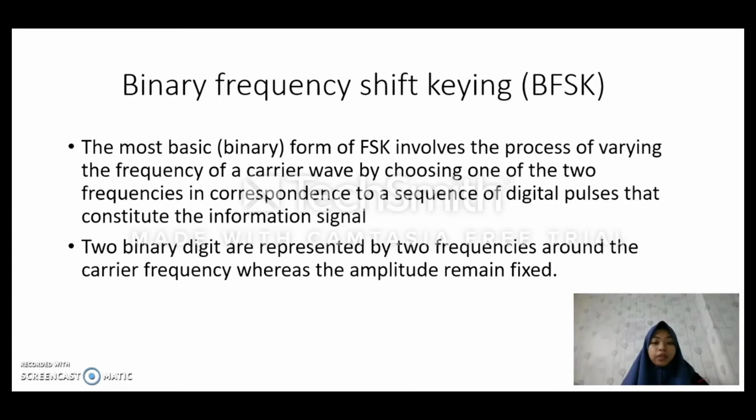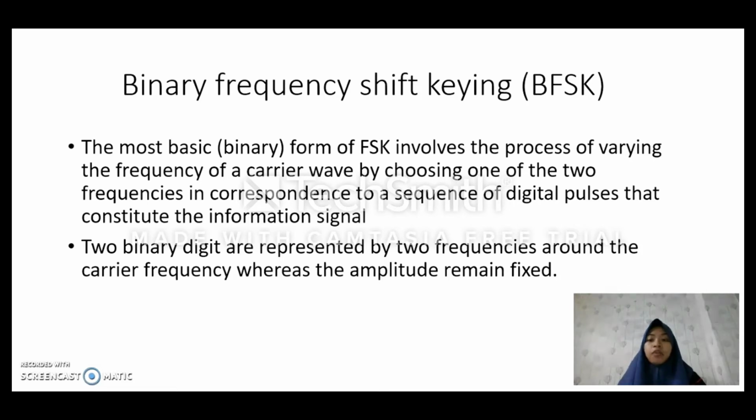Frequency shift keying also uses two types of frequency. One frequency corresponds to a high value of hertz and another represents a zero value of hertz. The most basic frequency shift keying is binary frequency shift keying.